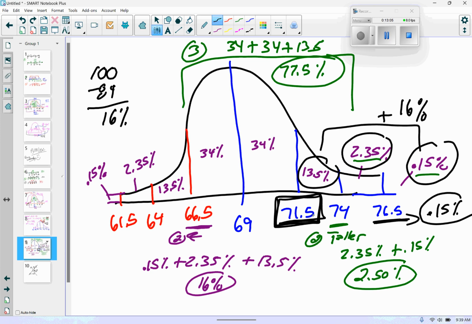So IQ tests are designed to be normally distributed with a mean of 100, standard deviation of 15. Complete a bell curve with all 7 positions. Okay.